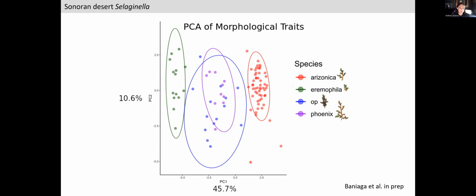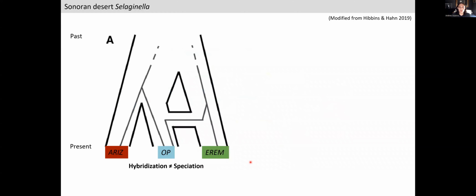But really what we need to address is if there's evidence for homoploid hybrid speciation. We know that allopolyploid speciation occurred for the Phoenix hybrid, but we really need to see if homoploid hybrid speciation was occurring in the Organ Pipe hybrid. That's a little bit difficult, but how we answered it was using a modified D statistic from Hibbins and Hahn. This statistic looks at the difference in coalescence times and shows two models.